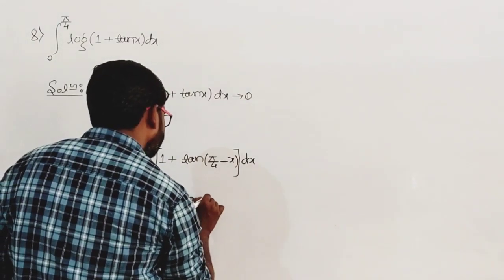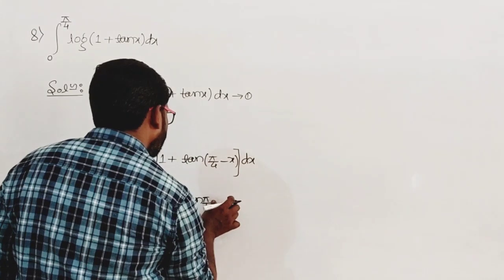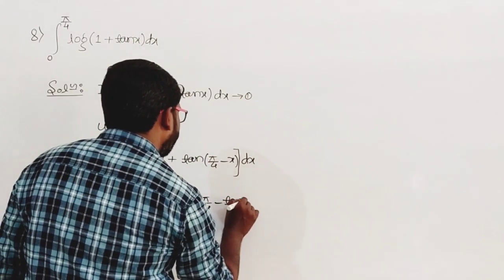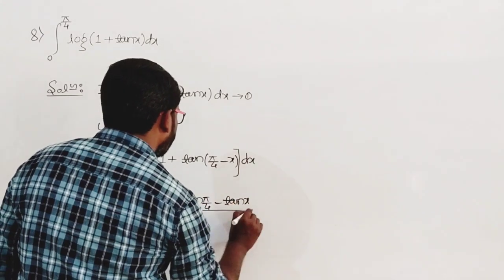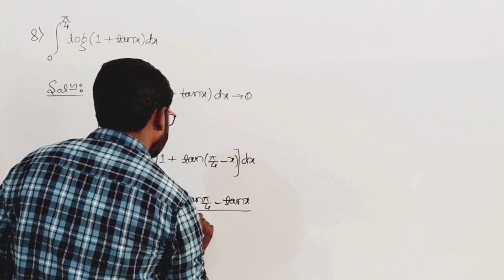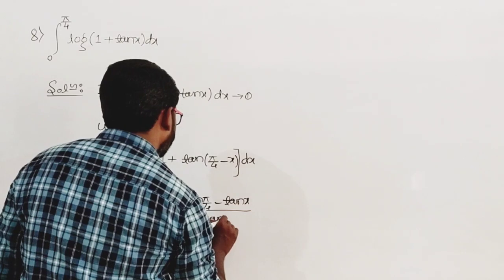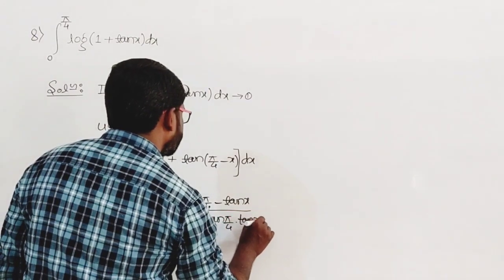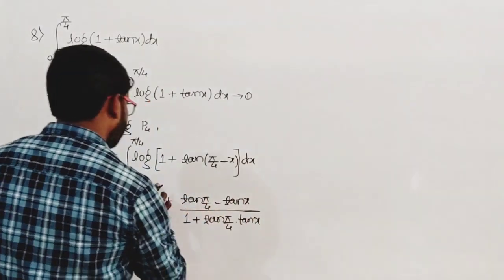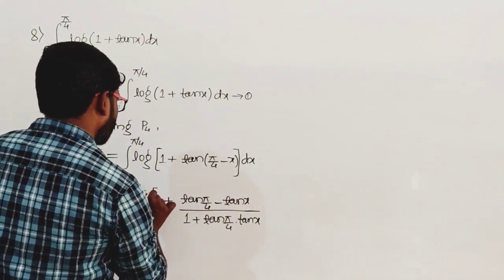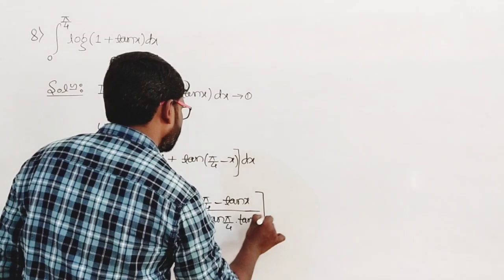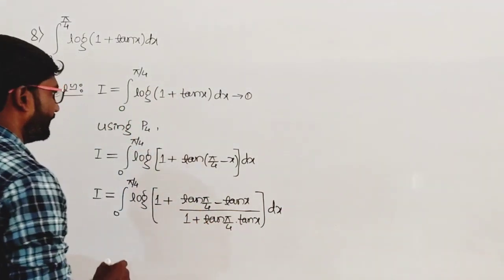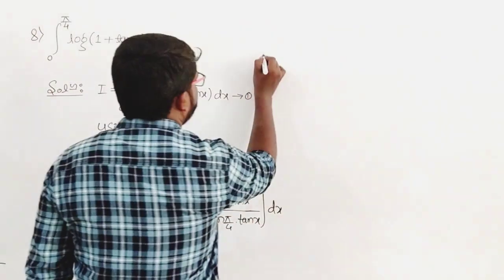So tan a minus tan b, that is tan pi by 4 minus tan x, divided by 1 plus tan a into tan b, that is tan pi by 4 into tan x. So here we have to put the main bracket. It is dx.